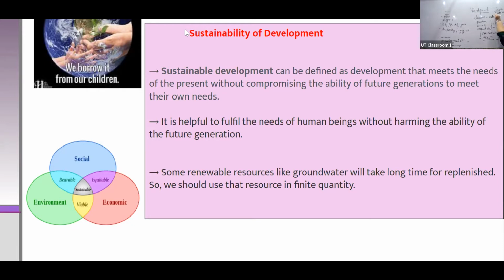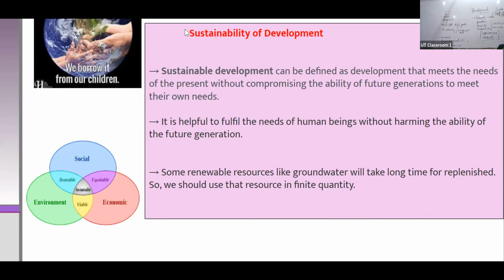Without compromising on future. Correct? So I would use it from him without diminishing his ability to use it.